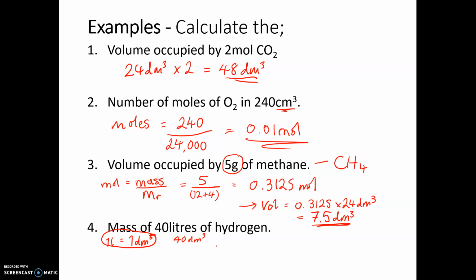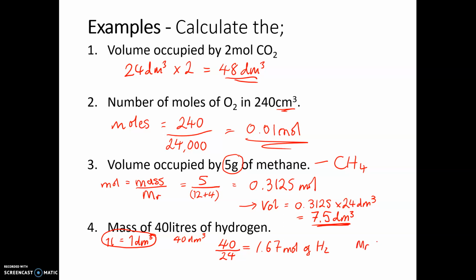We're going to do 40 divided by the molar volume, so the volume we have divided by the volume of 1 mole. That gives us 1.67 moles of hydrogen, and this is going to, of course, be H2.